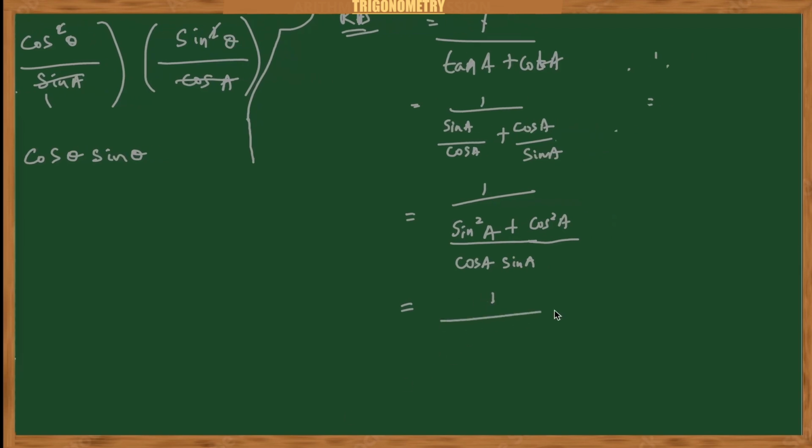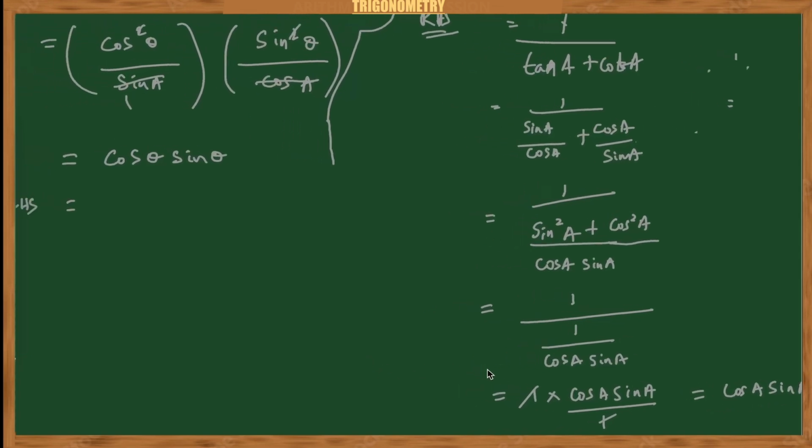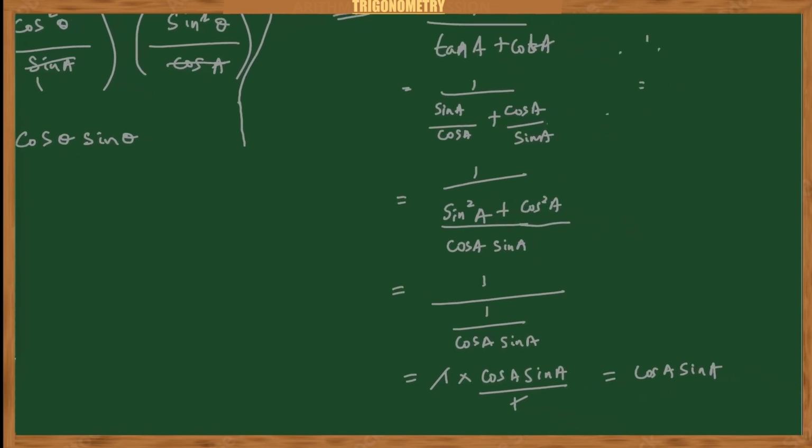So 1 divided by sin square theta plus cos square theta, we know it is 1, divided by cos A into sin A. If we bring it in reverse, this goes at the top, so 1 into cos A into sin A. So 1 will cancel, and we get cos A into sin A, which is the one we got here. So left hand side is equal to right hand side. Hence proved.